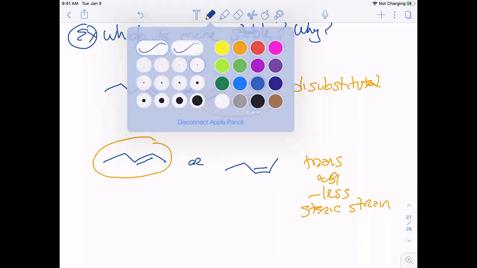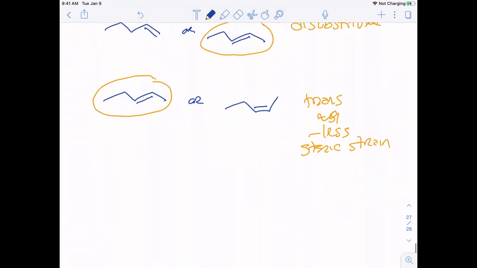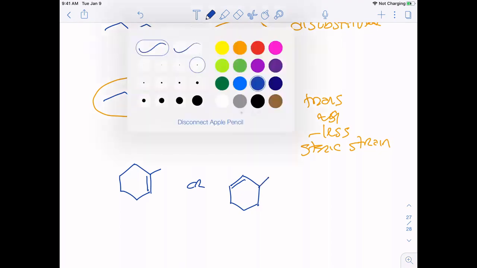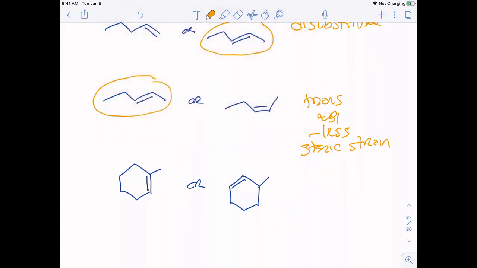And then how about, what should we do? How about those two? So I hope you're thinking the first one. The first one is tri-substituted, right?